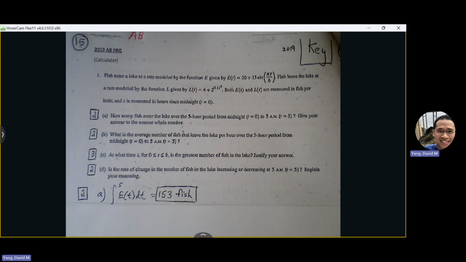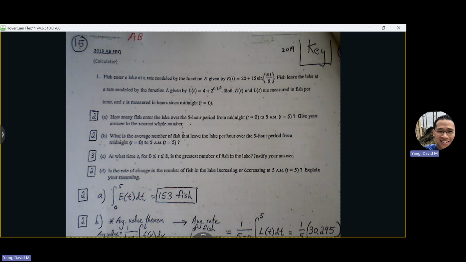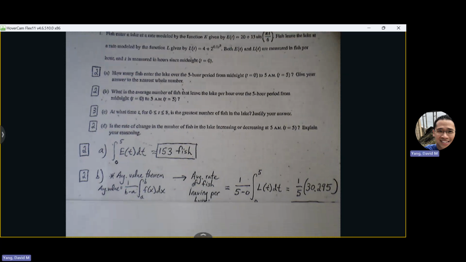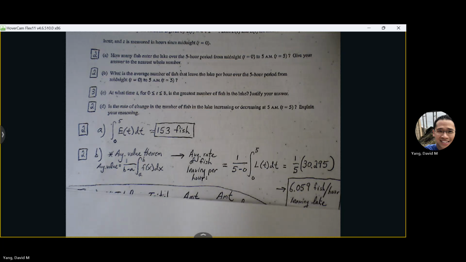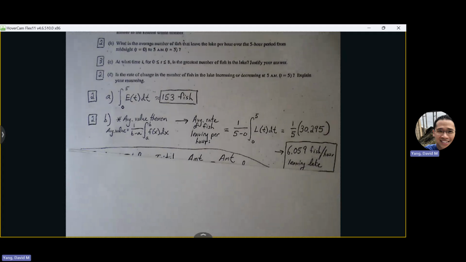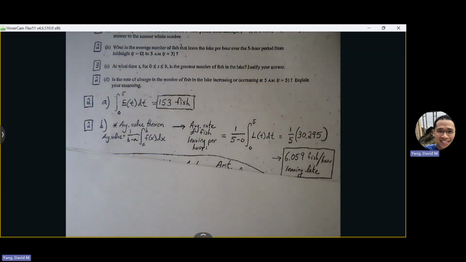That average kind of clues us in that we're looking at the average value theorem to help us get to our average rate. So 1 over b minus a, integral of L of t. And then we do math 9 again, make the calculator do all the calculus steps for us there.